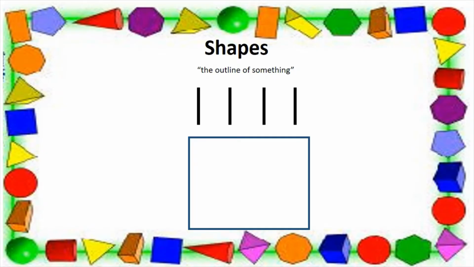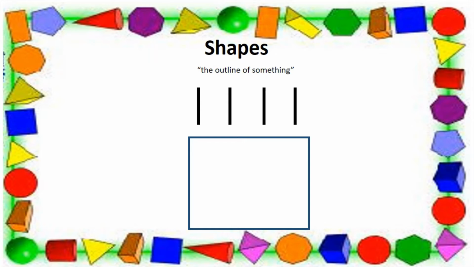Shapes. A shape can be defined as the form of an object, or its outer line or outer boundary of any surface. Do you know everything we see in the world around us has a shape?